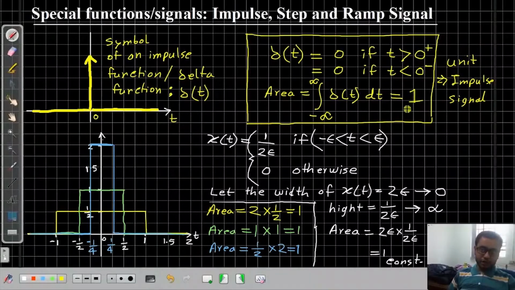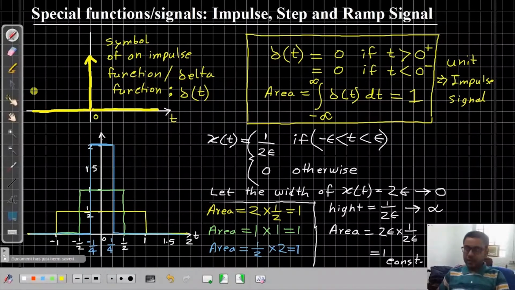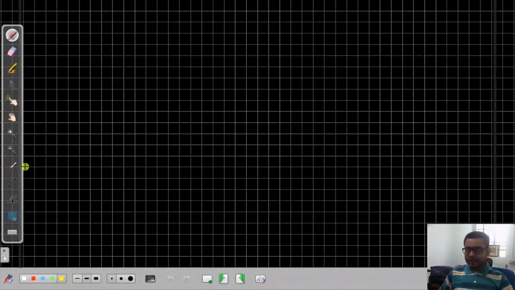Unit because the area under the signal is 1. An impulse function is slightly difficult to visualize or imagine. But now we shall look at some simpler functions. Unit step function or step signal.